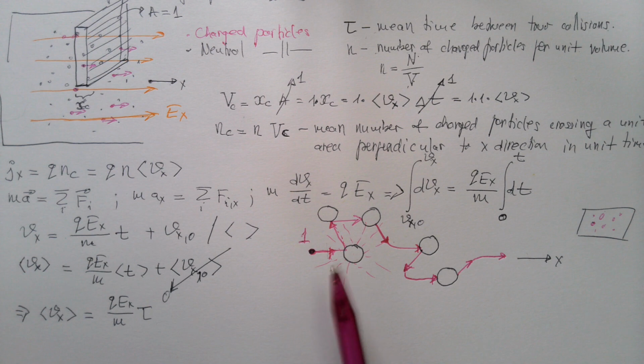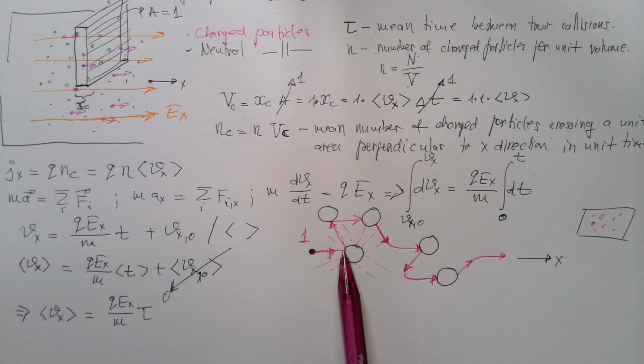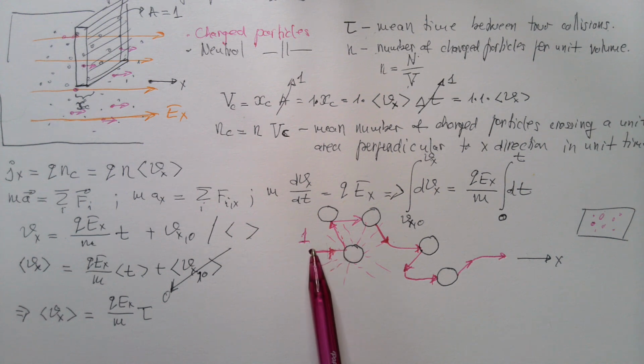Now you might say, but what if this is not the case? What if the charged particle kind of remembers its history after the collision with the neutral particle? That is possible, of course, and then we would say that there is the persistence of velocity effect, but we will neglect that effect.